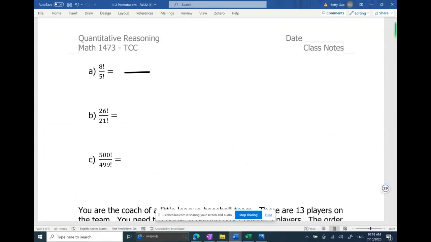In this quotient, the numerator is 8 factorial. So 8 times 7 times 6 times 5 times 4 times 3 times 2 times 1. And the denominator is 5 factorial: 5 times 4 times 3 times 2 times 1.